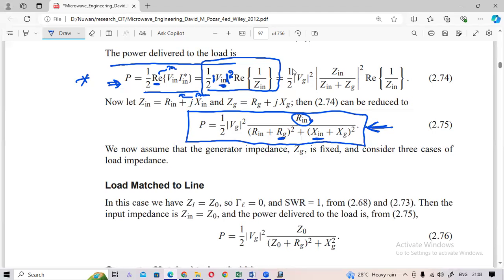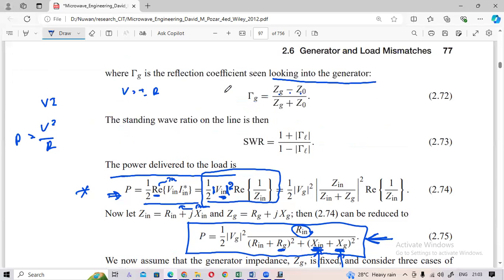This is also the imaginary part, so it also depends on the imaginary part, X in and XG. This is the input reactance, and this is the generator reactance.